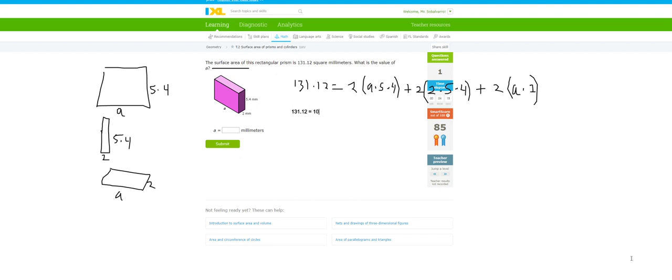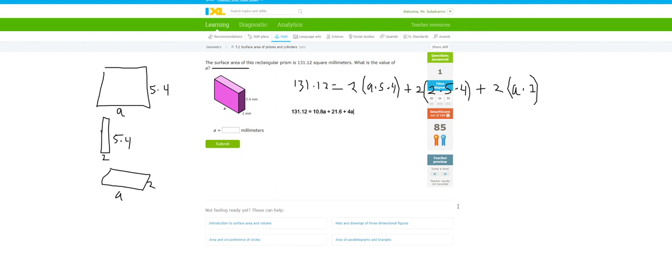So this is 10.8A, plus 2 times 5.4, which is 10.8, and then 10.8 times 2, that's 21.6, and then plus 2 times A, that's 2A, and 2A times 2 is 4A.